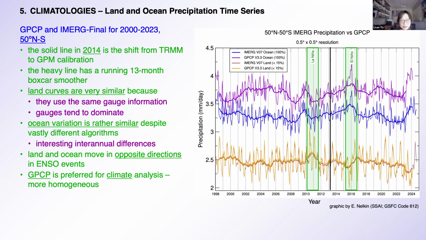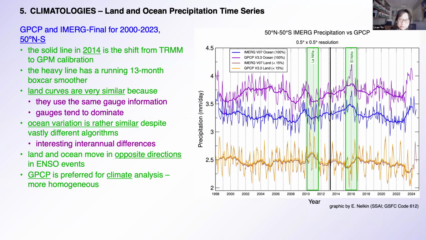I haven't tried the GPCP 3.3. I was working with Ali and other members of the group, and they told me GPCP 3.3 just came out last month, so I haven't had a chance to look at it.